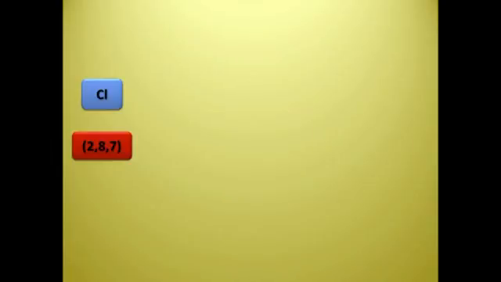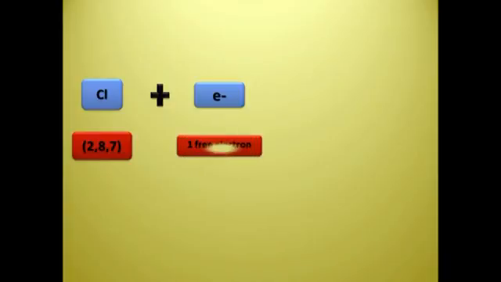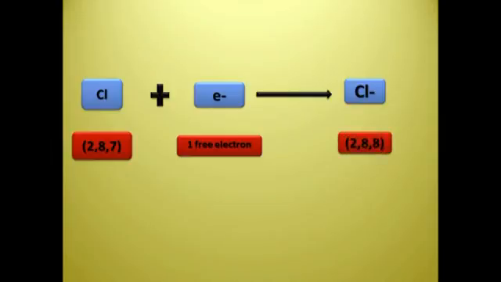To complete the energy level, it has a tendency to gain one electron. Due to the gain of one electron with regards to the nuclear charge, it does not remain neutral but becomes negatively charged. Therefore, it is called the negative ion chloride. Here you can see the atom of chlorine becomes the negative ion of chlorine, 2, 8, 8.